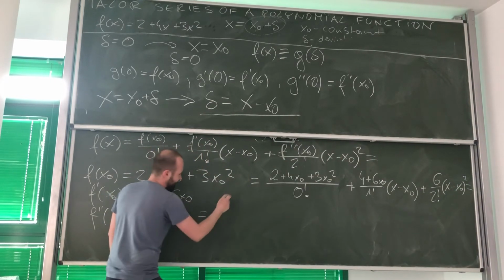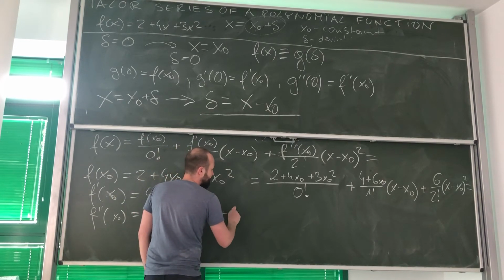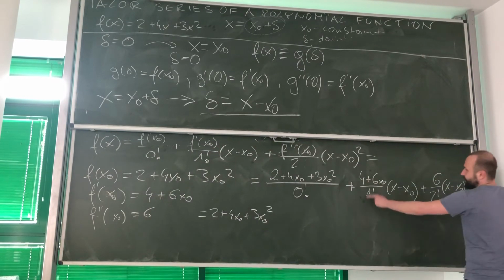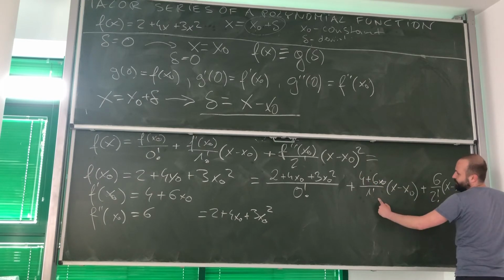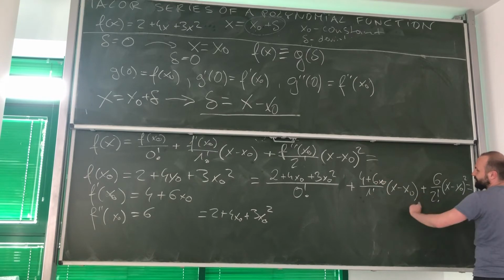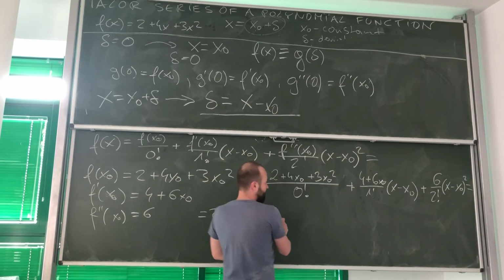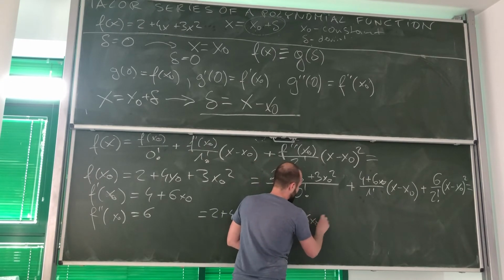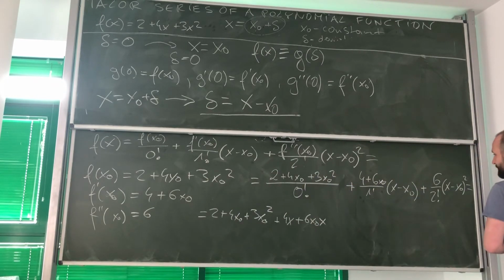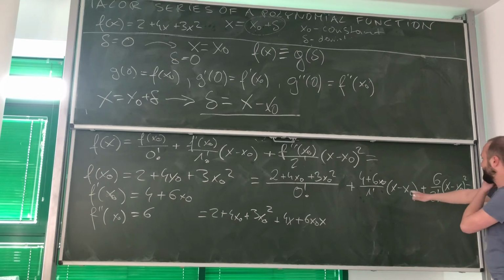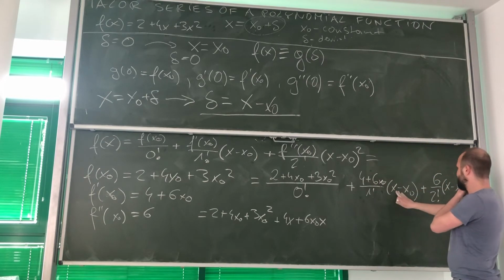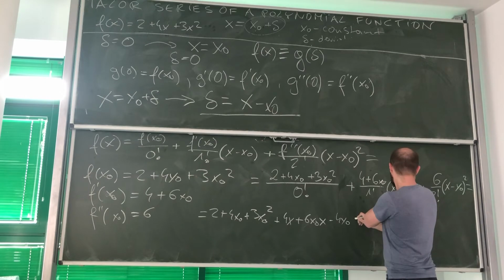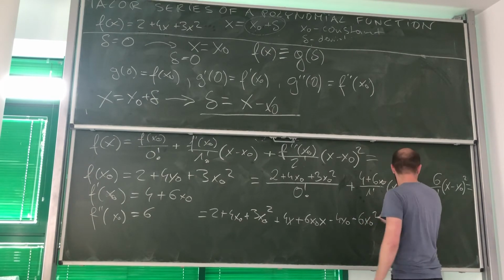Well, the first part is not changing, right? We're dividing by 1, so it's 2 plus 4x0 plus 3x0 squared. Then here we again divide by 1. So I just need to multiply each of these components by what is up front. So we get plus 4x plus 6x0x, and now minus 4x0 and minus 6x0 squared.